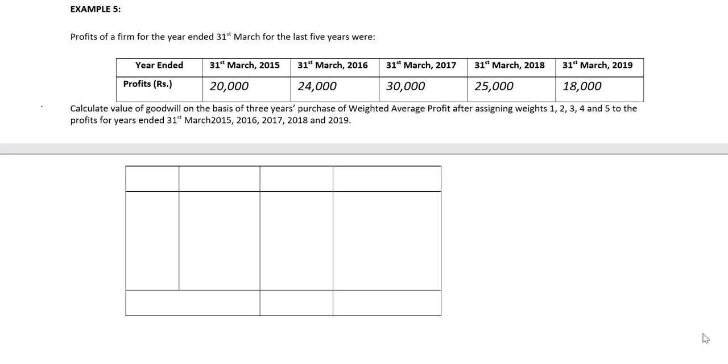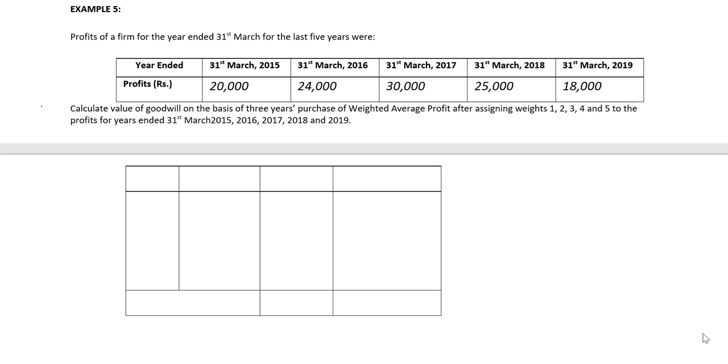Example 5. Profits of a firm for the year ended 31st March for the last 5 years were, the 5 years and the profits are given. For the year ended 31st March 2015, profits is rupees 20,000. For the year ended 31st March 2016, profits 24,000 rupees.